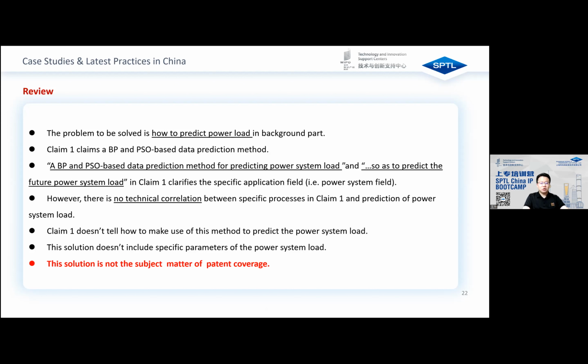And claim 1 doesn't tell how to make use of this method to predict the power system load. Furthermore, this solution doesn't include specific parameters of the power system load. Thus, this solution is considered as not being the subject matter of patent coverage.